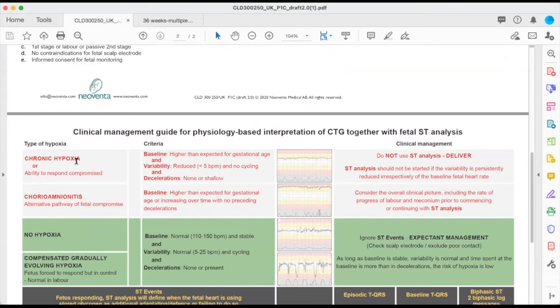You're asking why we can't put Stan on a chronic hypoxia? Yes. Because that baby needs to be delivered. And they've already used up their glycogen stores, maybe. Yes. They've already used up their glycogen stores. So yes, obviously, Natasha, this baby needs to be delivered.